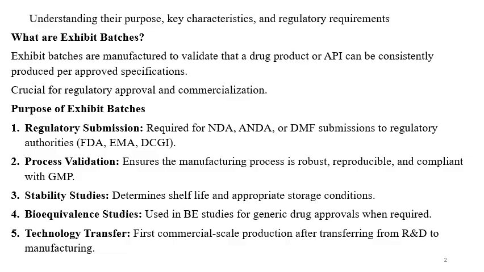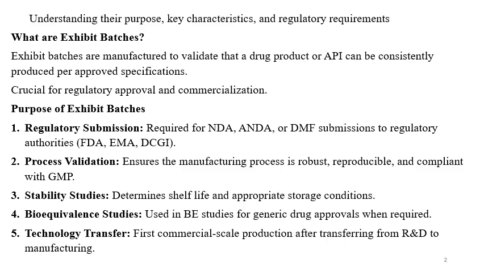So what are the EB batches or exhibit batches? Exhibit batches are manufactured at the commercial scale equipment at a commercial facility to validate that the drug product or the API can be consistently produced as per the approved specifications.